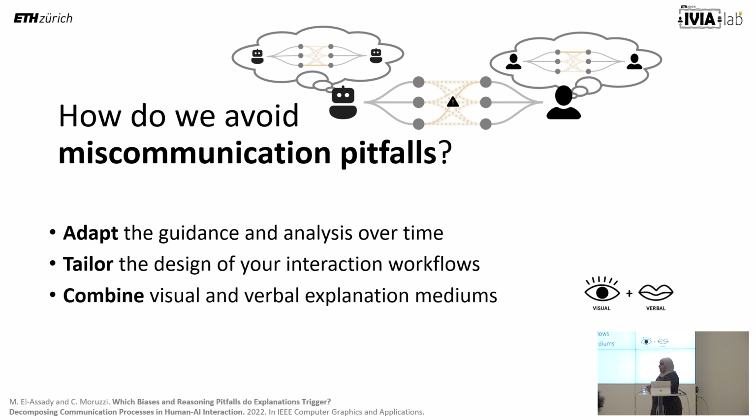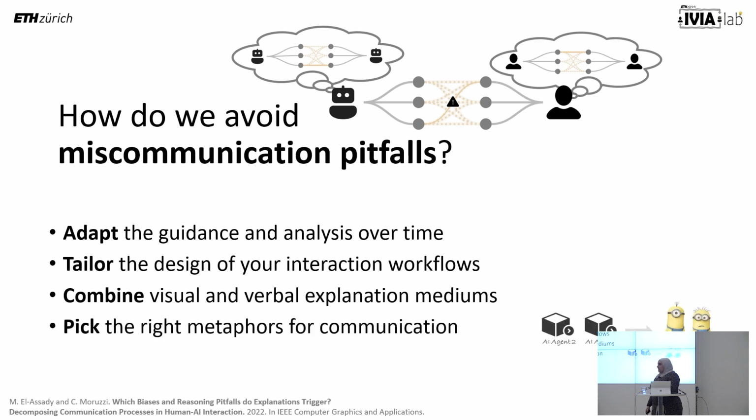We want to combine visual and verbal explanations because that redundancy allows us to be much more clear. And also we need to pick the right metaphors. In some of the experiments that I've done in the past, I refer to our models and their different parameterizations as minions, and we did entire studies where we talked about minions and magic boxes.